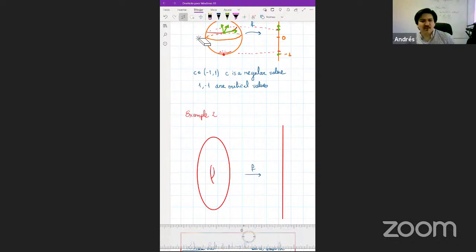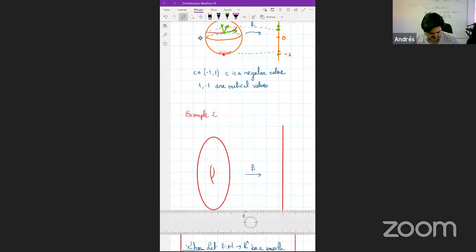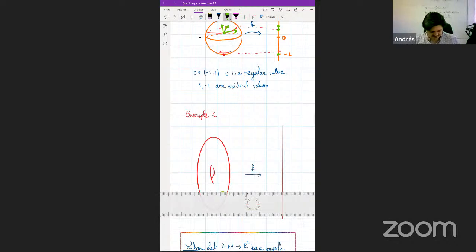I'm not putting any coordinates here, but you put the donut, and let's say your function is the height function.